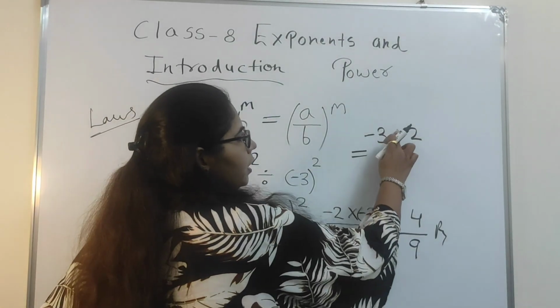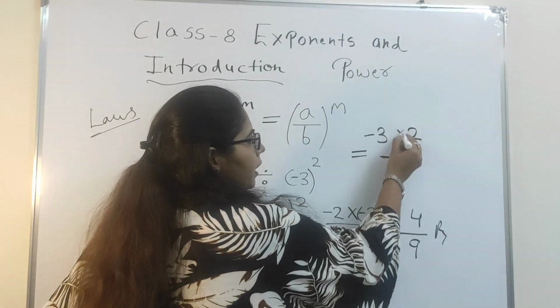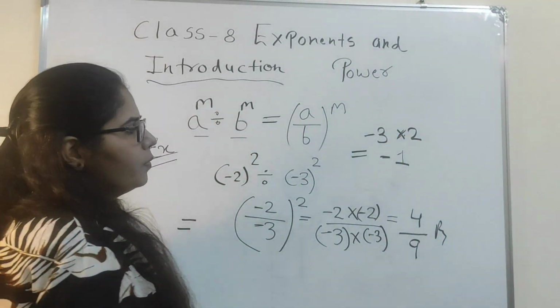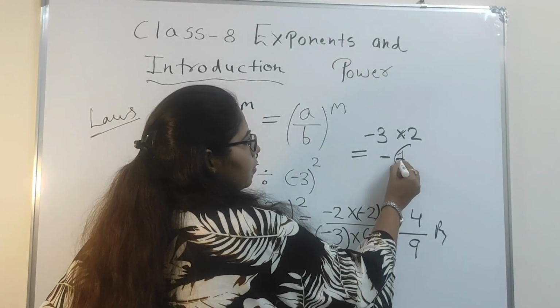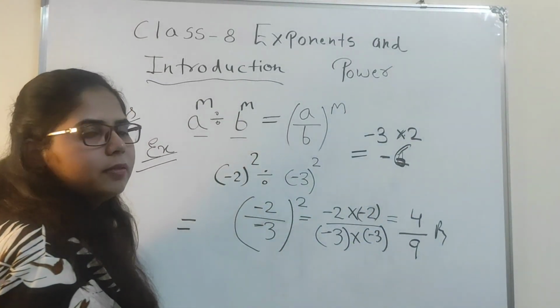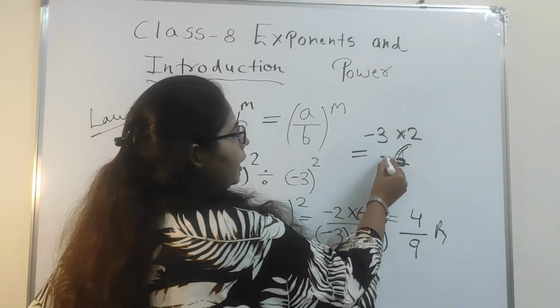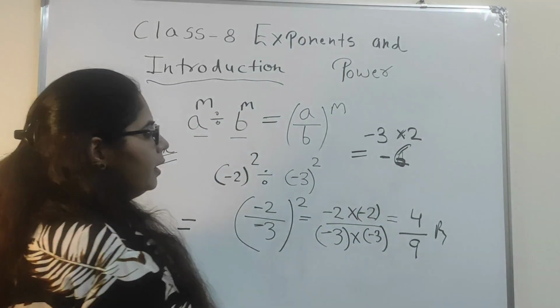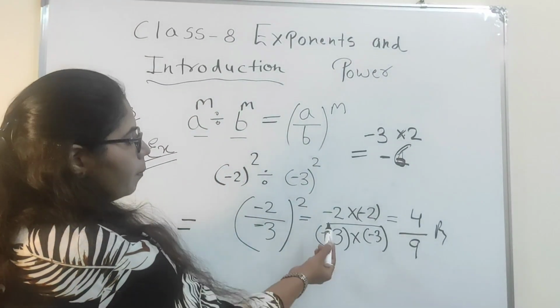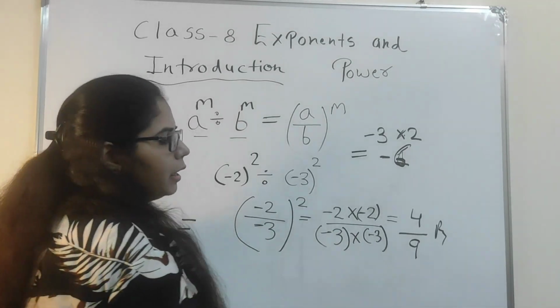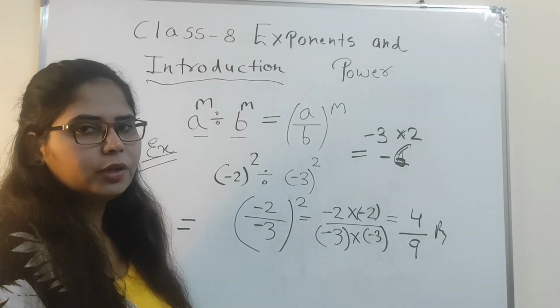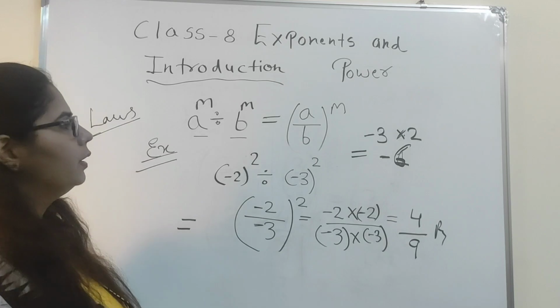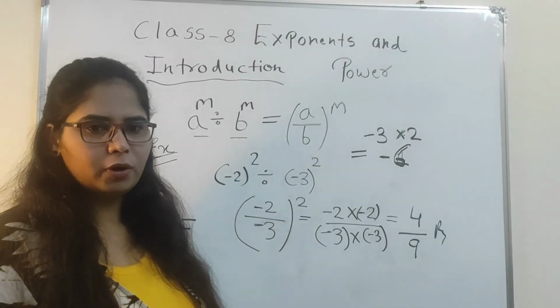Suppose the same question is there with the multiplication sign. So 3 twos are 6 and plus minus will be minus, so negative sign is there. Mostly mistakes happen there. Sometimes we write negative 4. No, because minus minus will be multiplied and it will give you the positive answer. Okay, after that we will see the fifth law of exponent.